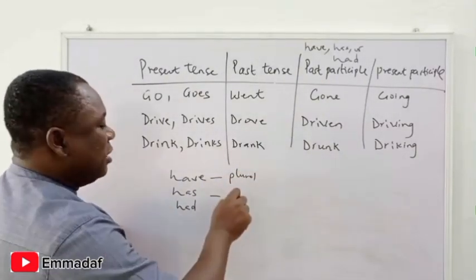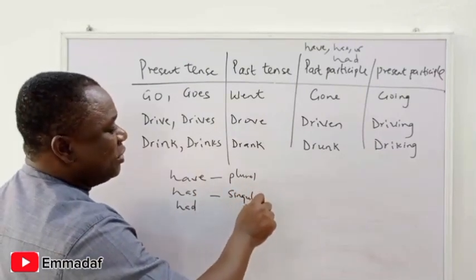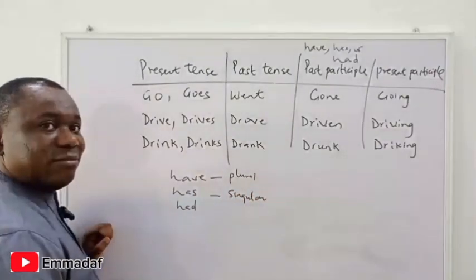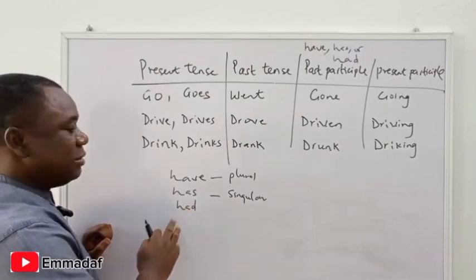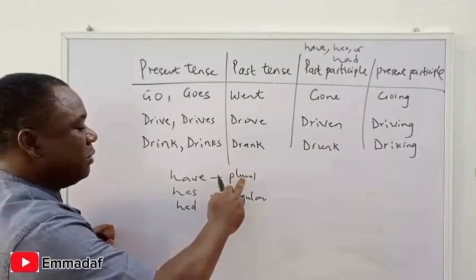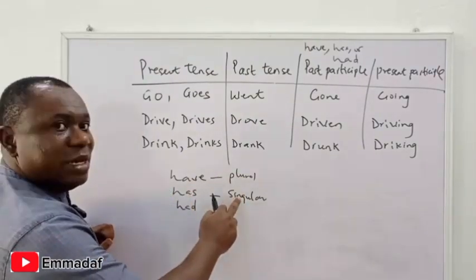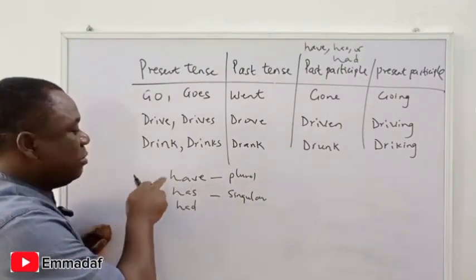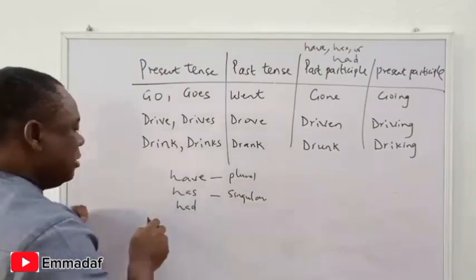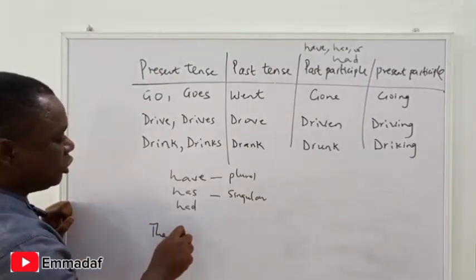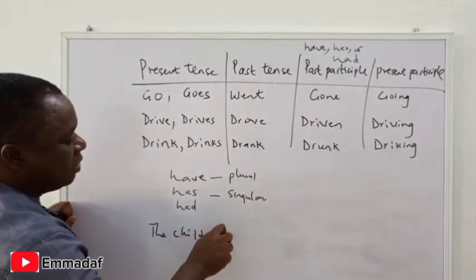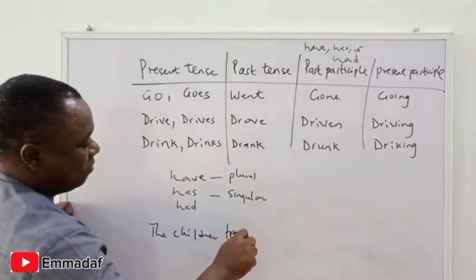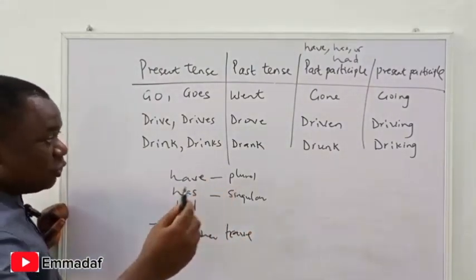Has is singular. I'll talk about this. Have, plural. Has, singular. So this goes with plural subjects. The children have gone to school.